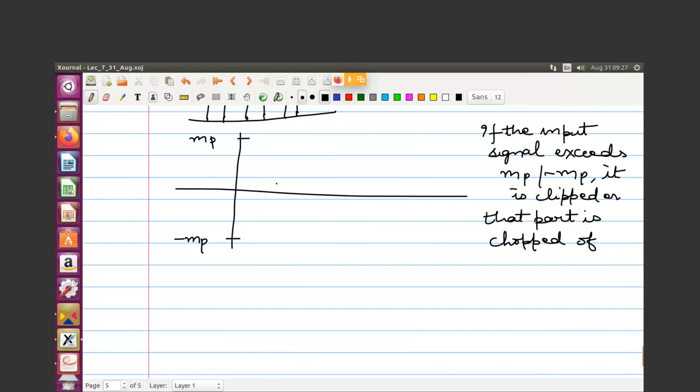So assume that, let us say, suppose these are the quantization levels, the allowed quantization.